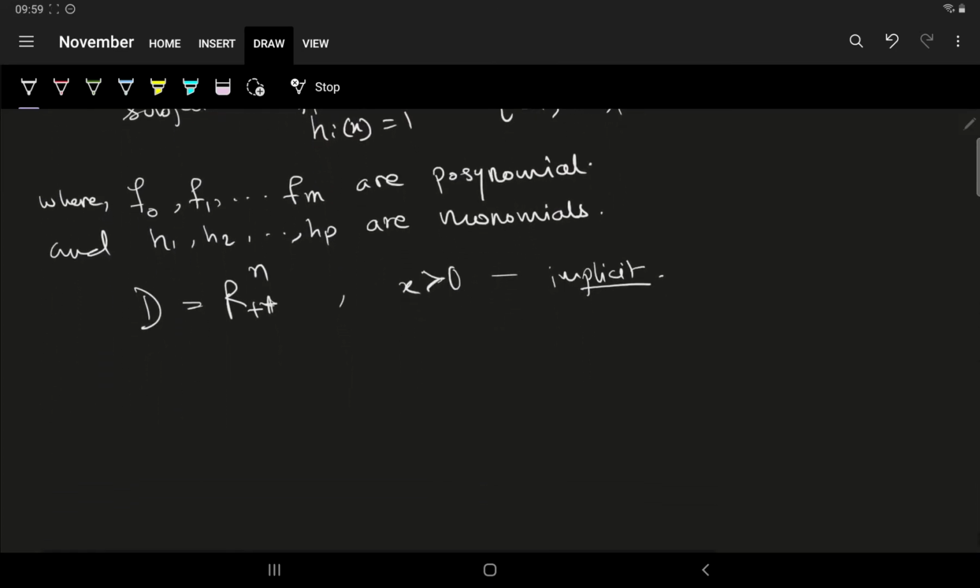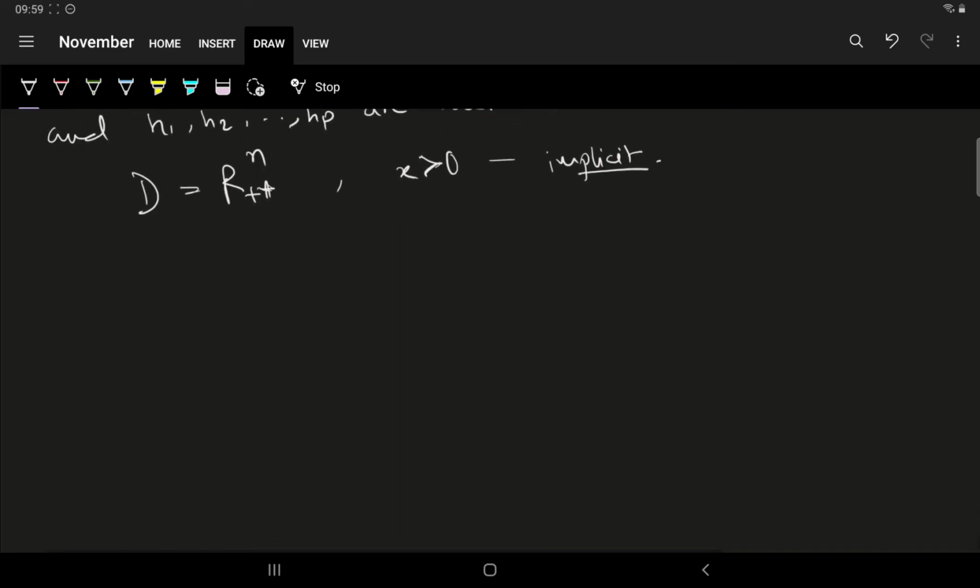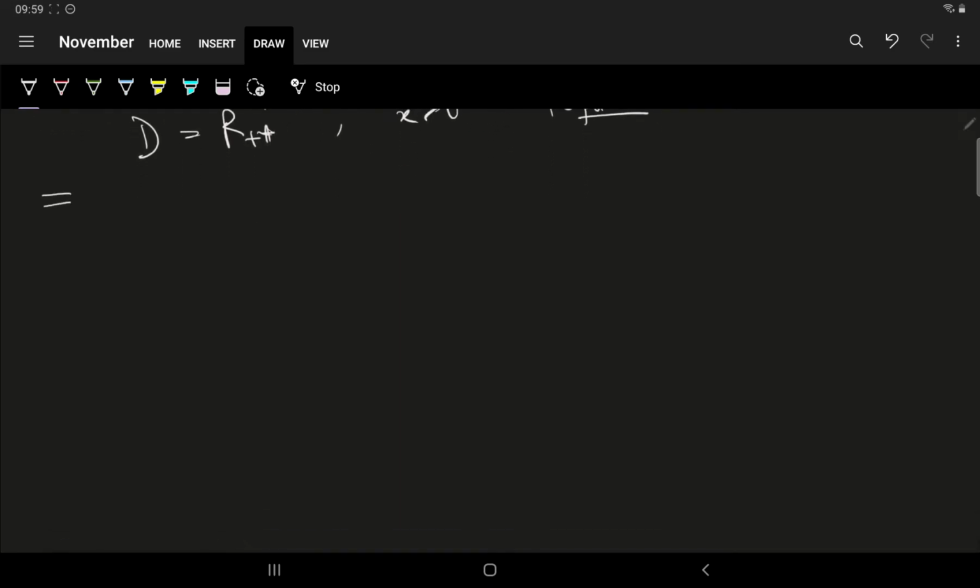This can help in handling many different equality and inequality conditions. So we see extensions of GP.